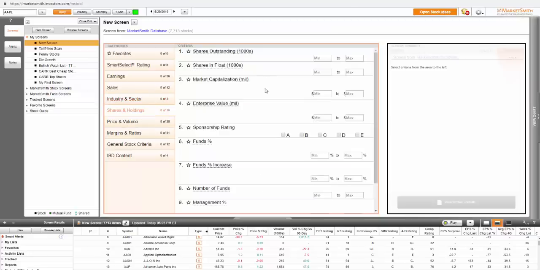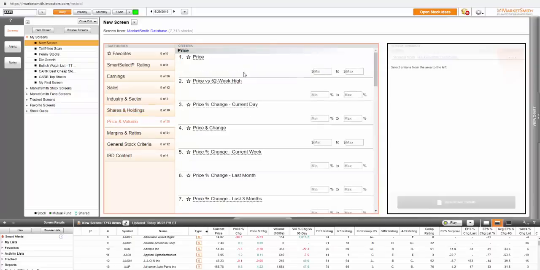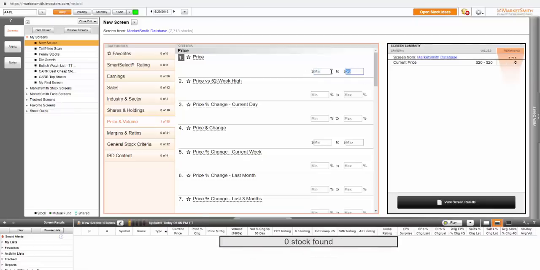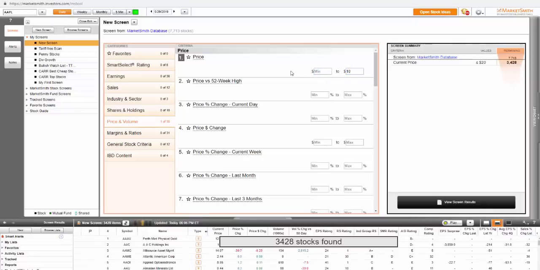how big of a market cap the company has, its enterprise value, price and volume. So if you want to stay away from penny stocks, you might type in 20, or if you like trading lower price stocks, you might type in 10 over here. Of course, you can't put those both in.